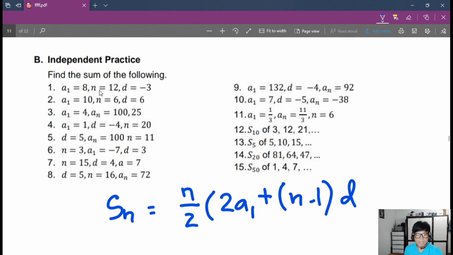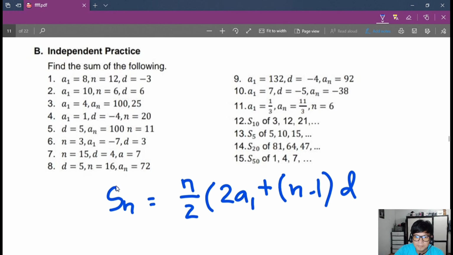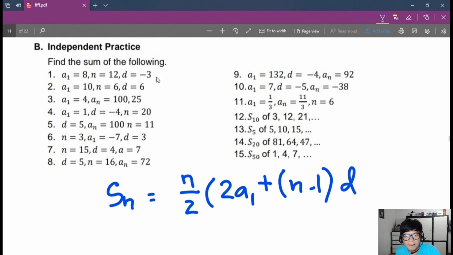Itong number 1 wala siyang last term. Sige. We will discuss na lang sa ibang video kung paano naman kung wala yung common difference, wala yung first term, but this time assume natin na wala yung last term.